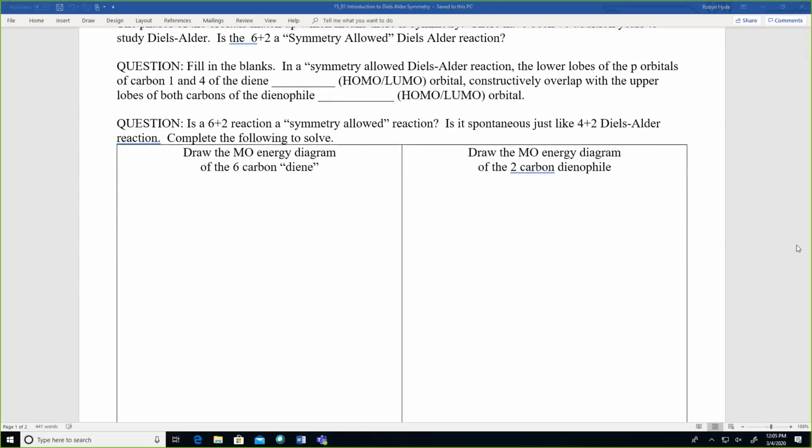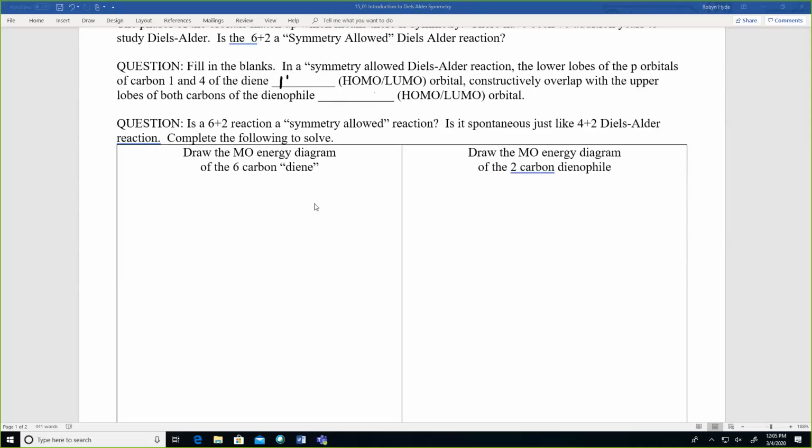It is the HOMO of the diene, and it constructively overlaps with which orbital of the dienophile? The LUMO of the dienophile. Exactly. The HOMO of the diene with the LUMO of the dienophile.